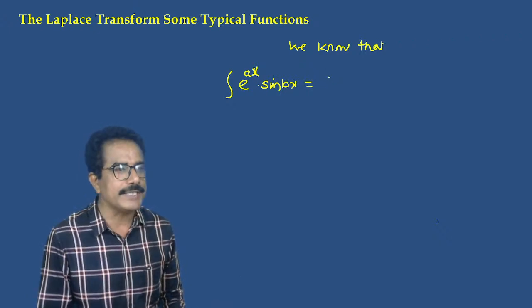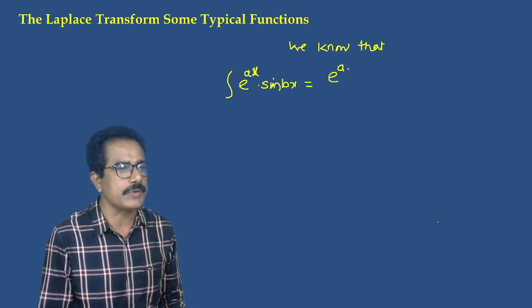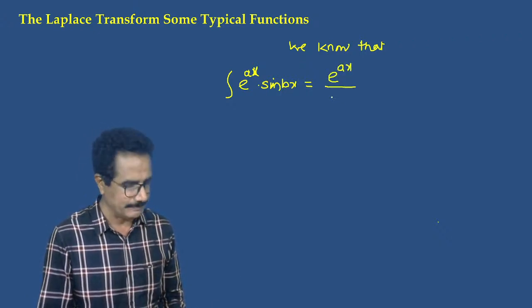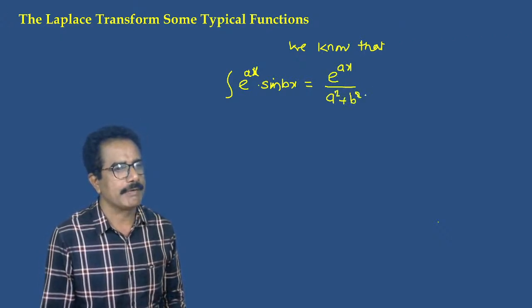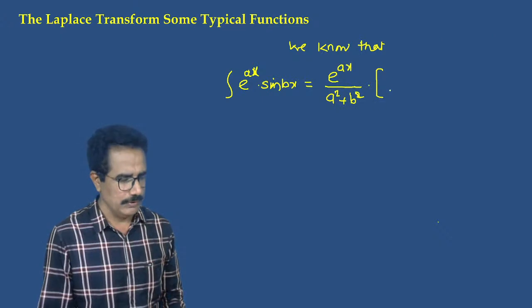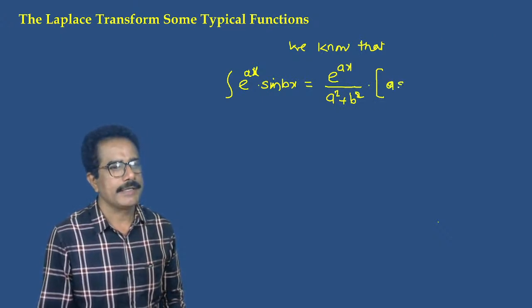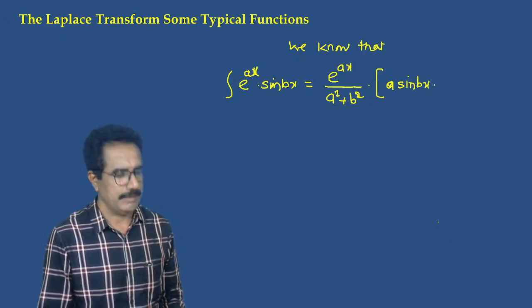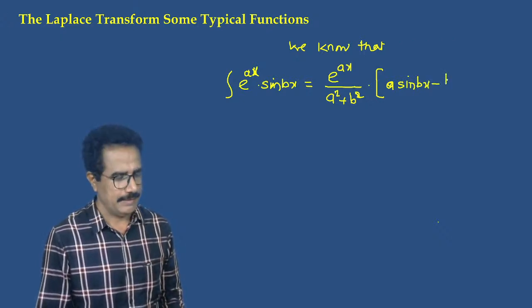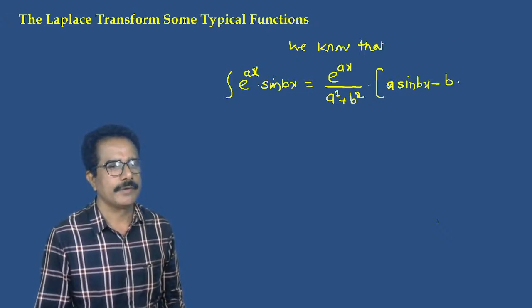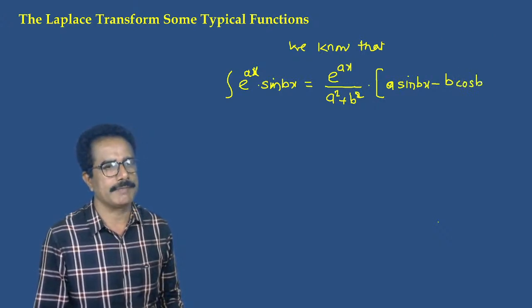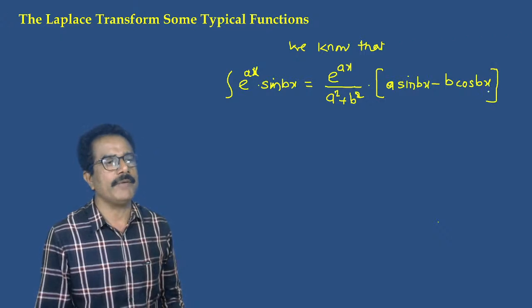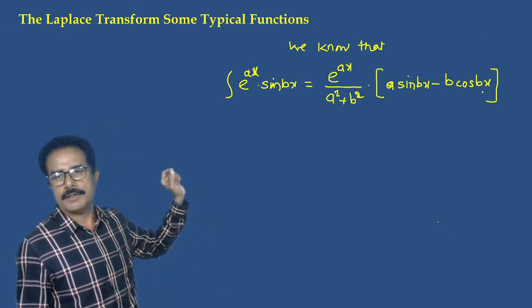Then the value of this integral is e raised to ax divided by a square plus b square into a sin bx minus b into cos bx. This formula which we have to use.